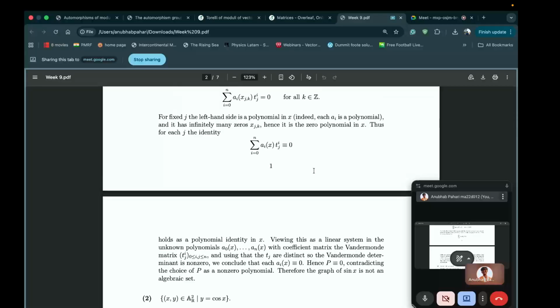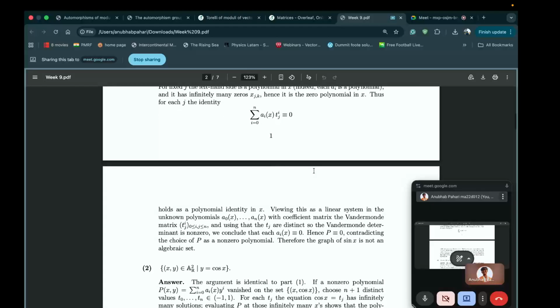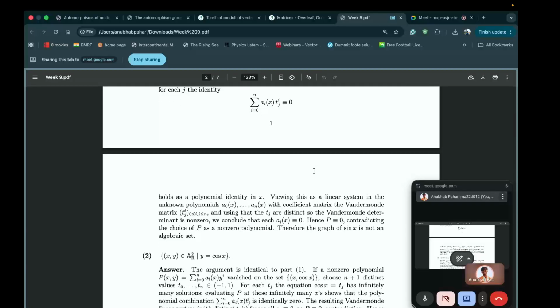Now see that for each j, this identity holds as a polynomial in x. Viewing this as a linear system in the unknown polynomials a_0(x) up to a_n(x) with coefficient matrix, the Vandermonde matrix t_j^i, where i and j are running from 0 to n, and using that the t_j are distinct, the Vandermonde determinant is non-zero, and we conclude that a_i(x) is 0.